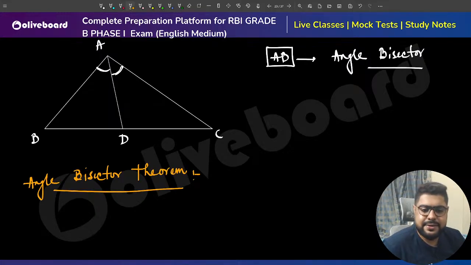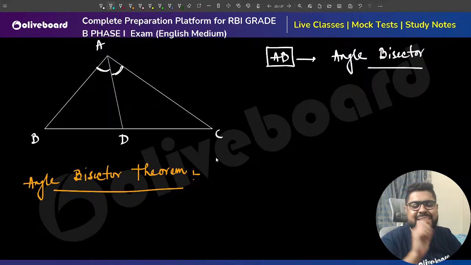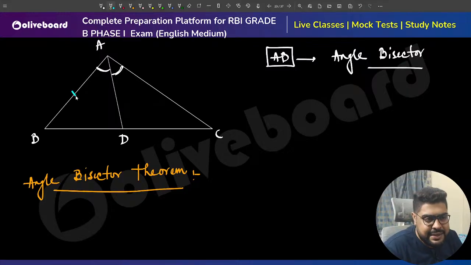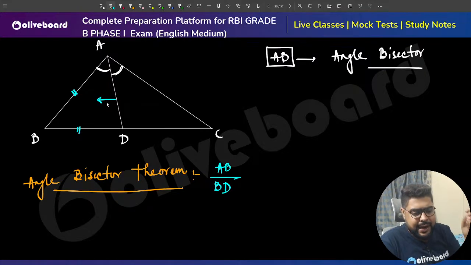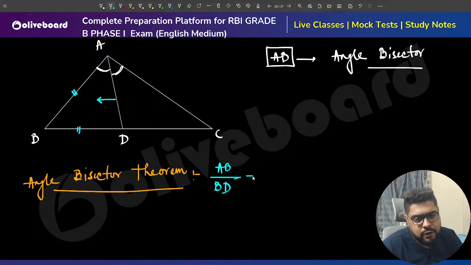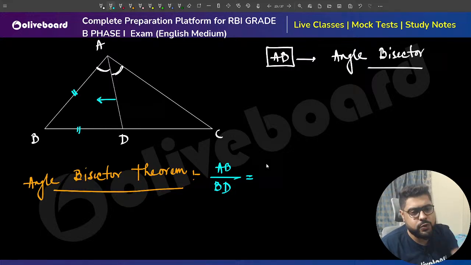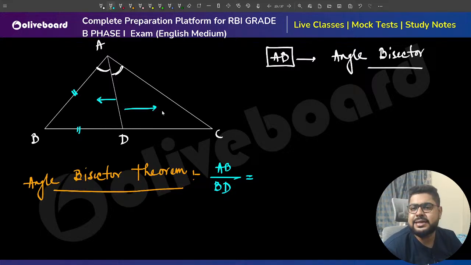The angle bisector theorem says, if the angle bisector is AD, then this side by this side, AB divided by BD, which is to the left of the angle bisector. Anything that is towards the left of the angle bisector, that ratio should always be equal to whatever is towards the right of the angle bisector. It is this one. That means this is AC by CD.